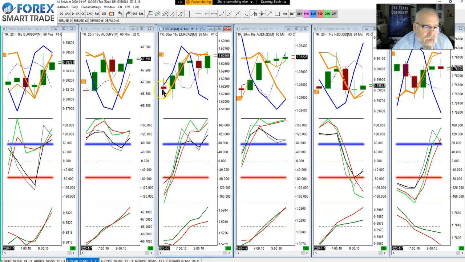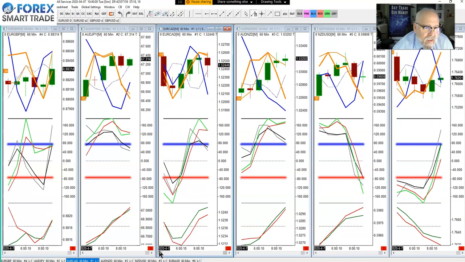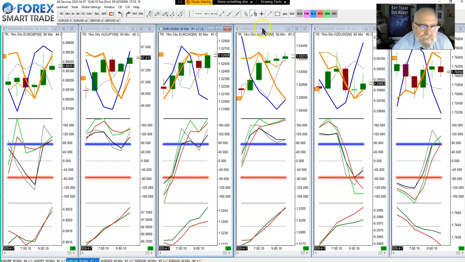If I were able to catch it here when we got the double cross and ride it up, I would have made more points, and I would have been more comfortable that we're going to go through the channel and there's that opportunity for the trade.